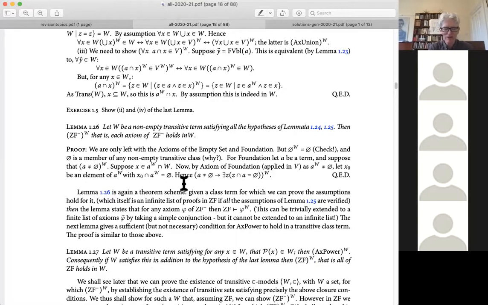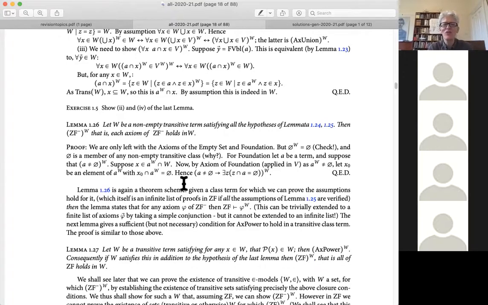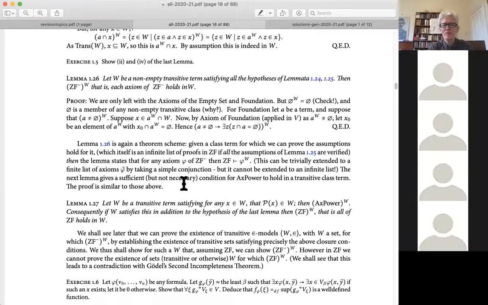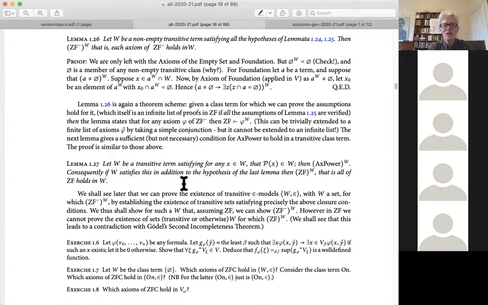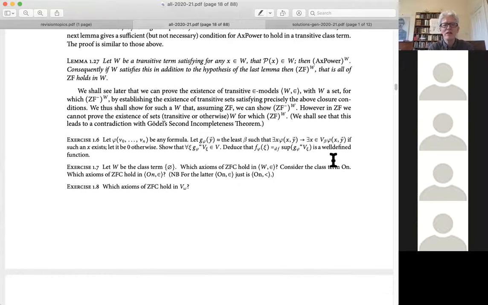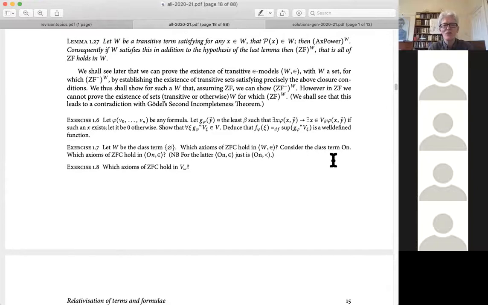They're somewhat uninteresting, not very instructive. The next one, again, is in the same spirit. If I've got a transitive term, and if the power set of X is in W, then it thinks the axiom of power is true.